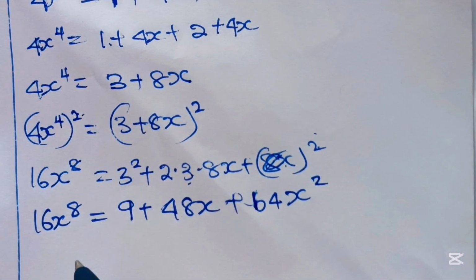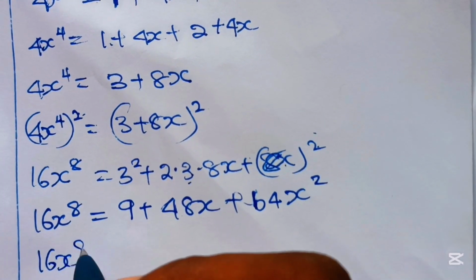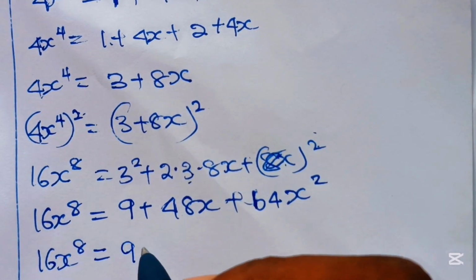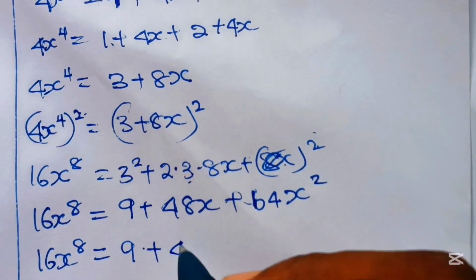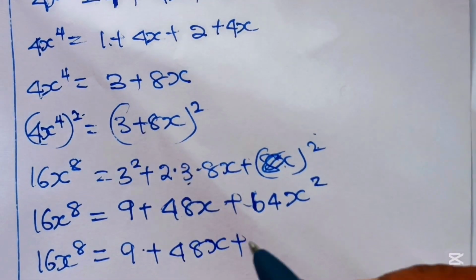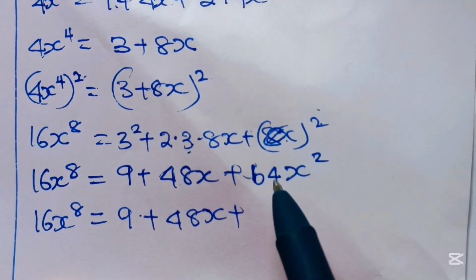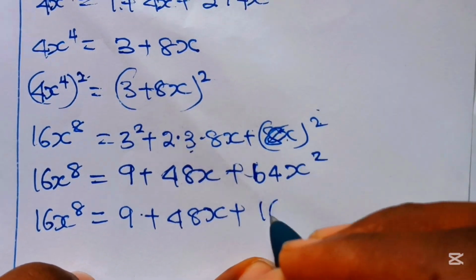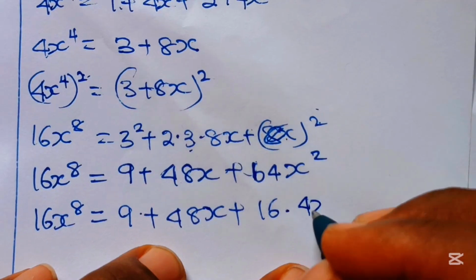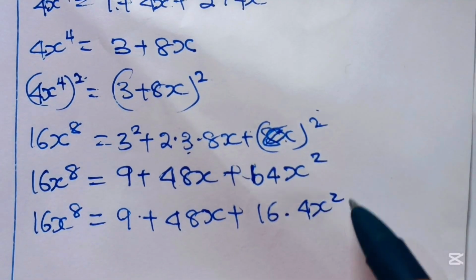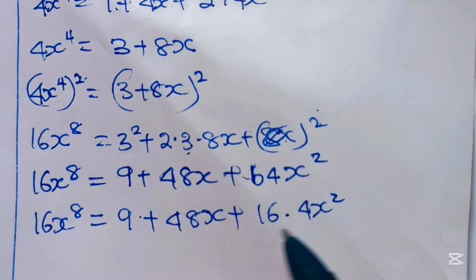Now we have 16x to the power of 8 is equal to 9 plus 48x plus, now let's bring out 4x squared from here. How do we do that? 64 divided by 4 is 16, right? So this is same thing as 16 multiplied by 4x squared. So we are still going to substitute this 4x squared to simplify the equation.